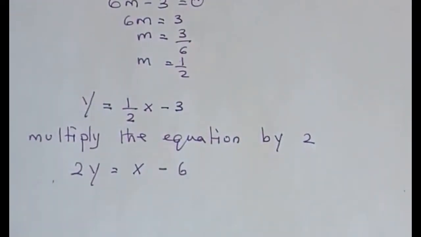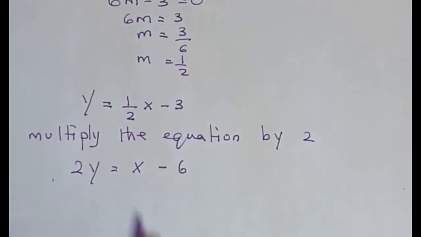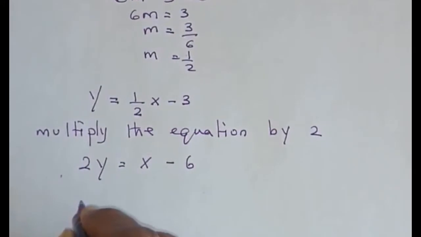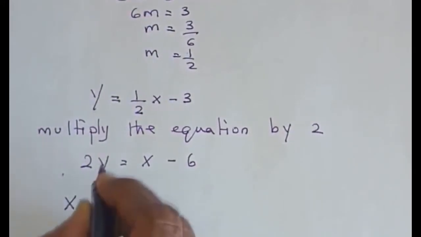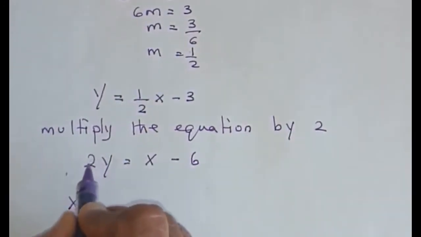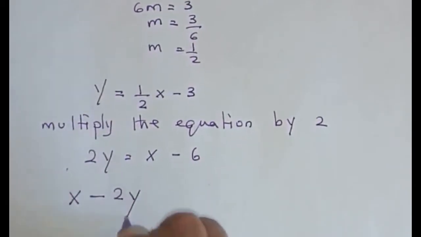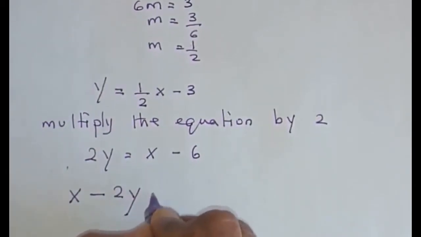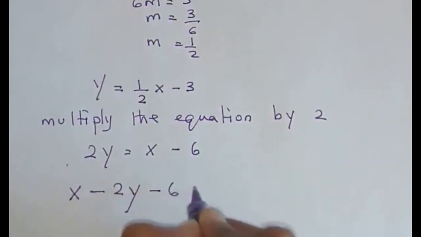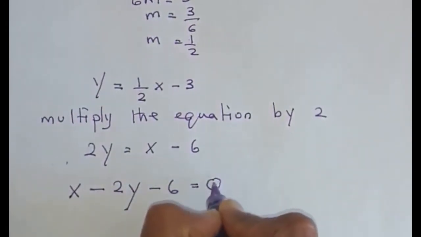Now I have to rearrange it so that it is in the standard form, so I need the x term first. When I move 2y to the other side of the equation, it becomes -2y, and -6 was already on the side of the x, so that's x minus 2y minus 6 equals 0.